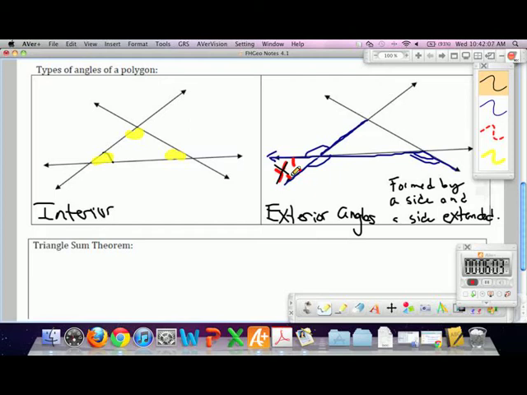This angle is an exterior angle. Side, side extended. Exterior angle. These little angles in between are not formed by a side and a side extended, therefore they are not exterior angles. They're just angles on the outside of this figure.